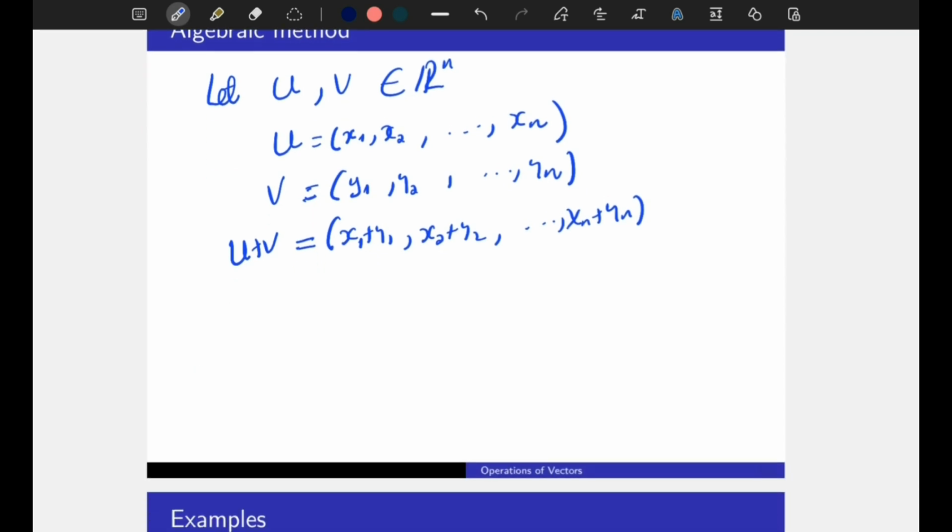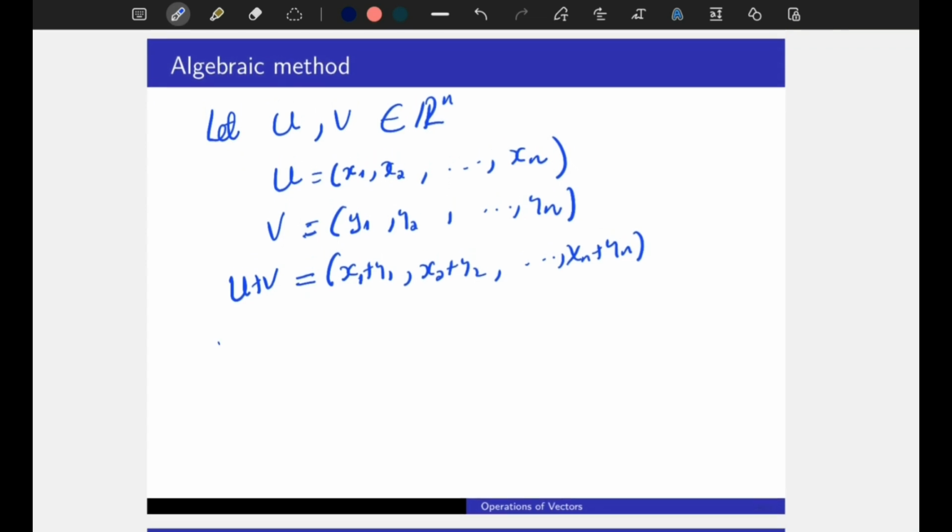And when you come to the magnitude, the norm of u plus v, the whole square, is given by the sum of squares of each coordinate, which is x1 plus y1 the whole square, plus x2 plus y2 the whole square, plus up to xn plus yn the whole square.